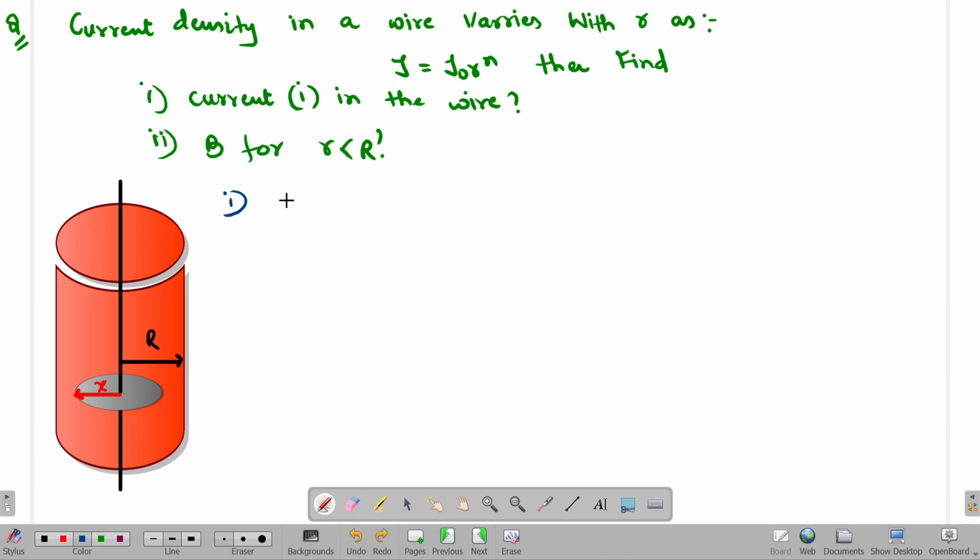So we definitely know current has a formula I is equal to J into A. That is my current density formula. But this is for the whole area, isn't it?